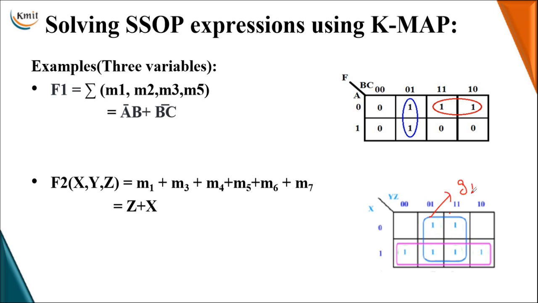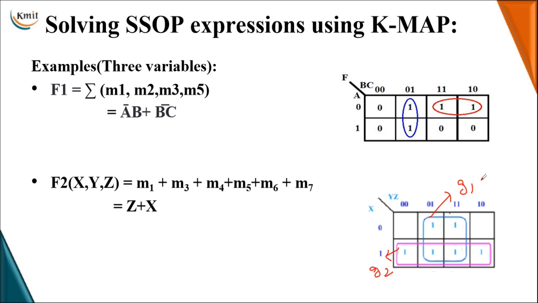Another group is formed using already covered minterms, which are 7 as well as the 5th minterm, to cover 4 and 6. So group 2; both are quads because 4 minterms can form a quad.